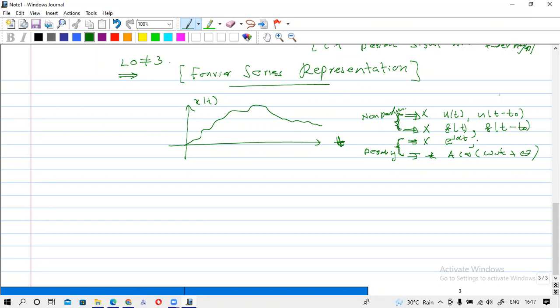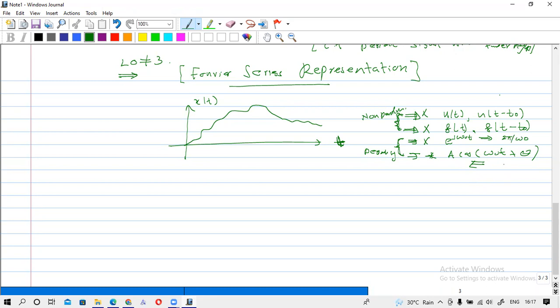We have also found the period. We represent this as e to the j omega naught t, and the fundamental period is 2 pi by omega naught.